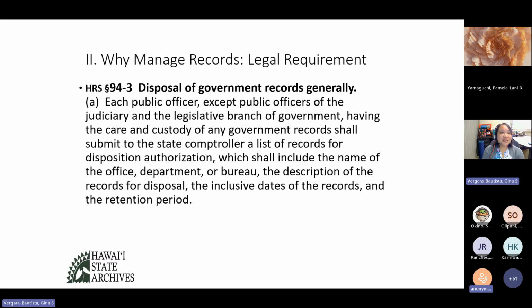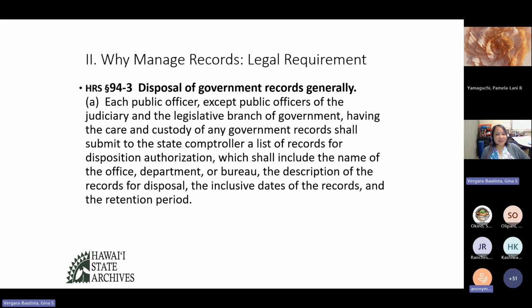Okay, so why do we need to retain or manage our records? HRS 94-3 requires that each public officer, except for public officers of the judiciary or the legislative branch of government, having the care and custody of any government records, shall submit to the state comptroller a list for disposition authorizations, which shall include the name of the office, department, bureau, the description of the records for disposal, and the inclusive dates of the records and the retention period.